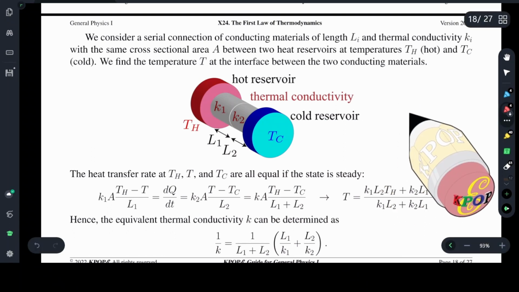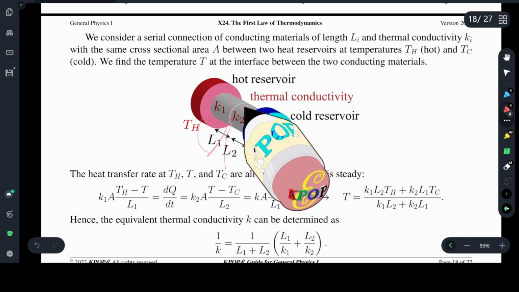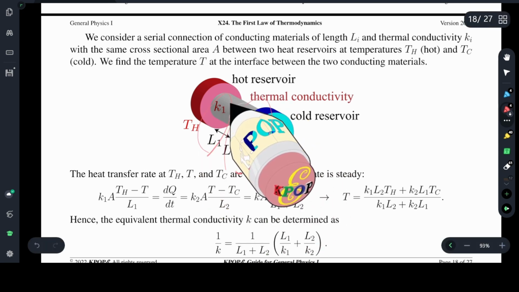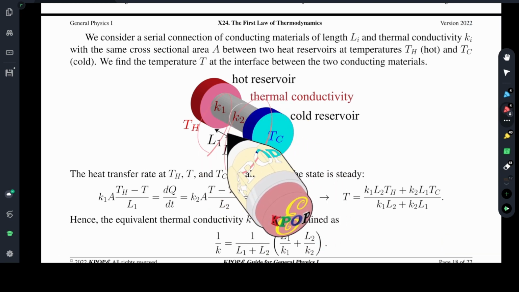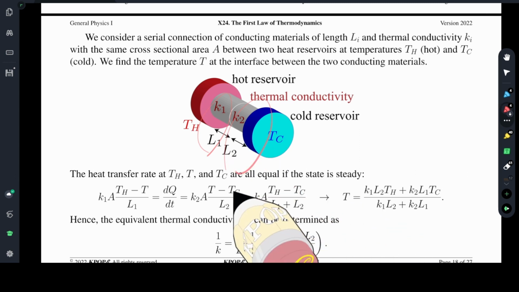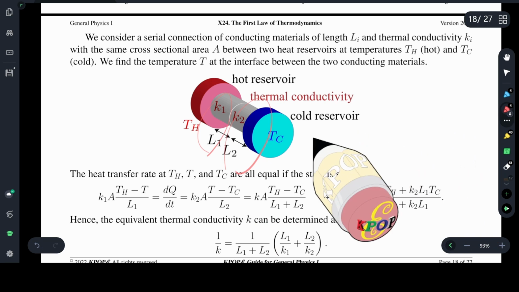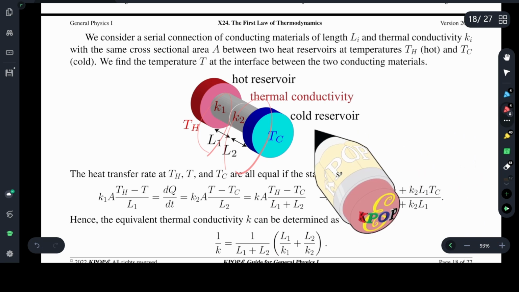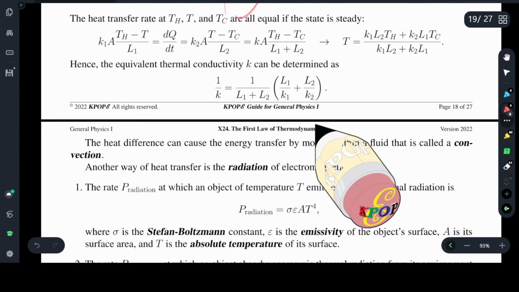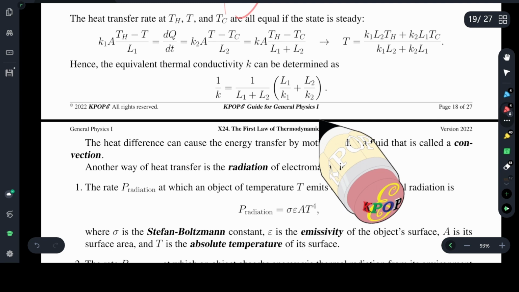And the relation can be used twice for the series connection of two conducting materials. You can follow this. So it is very similar to the calculation of a composite resistance, the equivalent resistance of a composite system, either series or parallel.